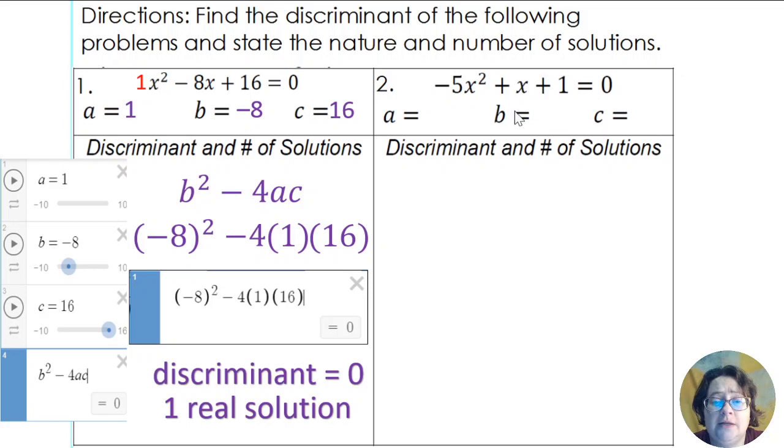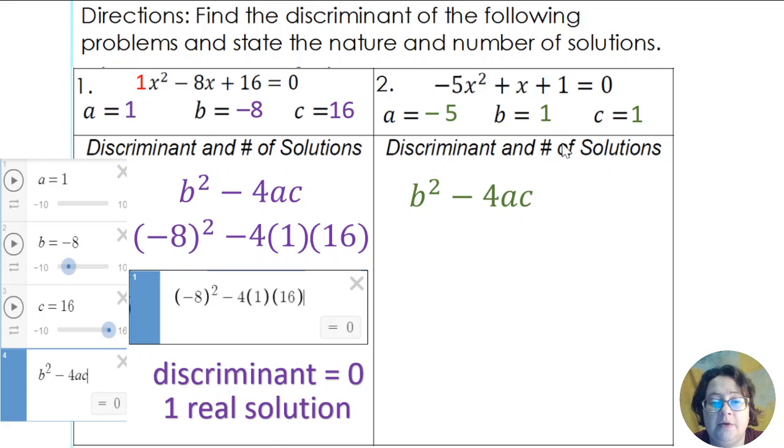For our second one, here a is negative 5. B, our number in front of x, remember if we don't see 1 there, that means the coefficient is likely just 1. And we have our plus 1 at the end. That's our c value. So I write out b squared minus 4ac.